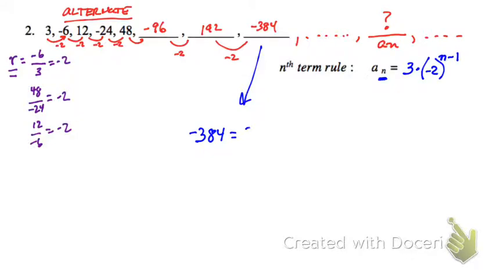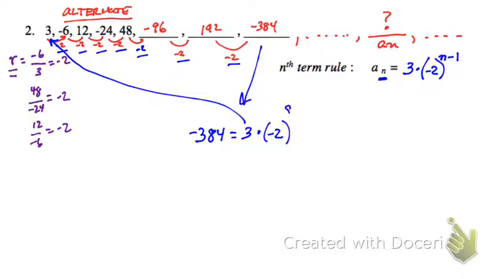Well, we started at 3. We started at the first spot in line. And then we started multiplying by -2s. And if we count up how many -2s, 1, 2, 3, 4, 5, 6, 7. Well, it was the 8th position where this -384 is. It's the 8th position. So to get 7, we just subtract 1.